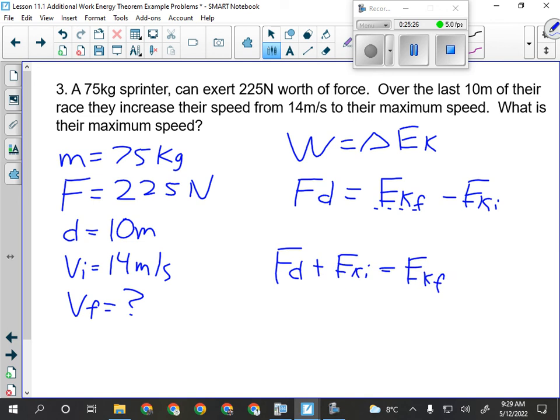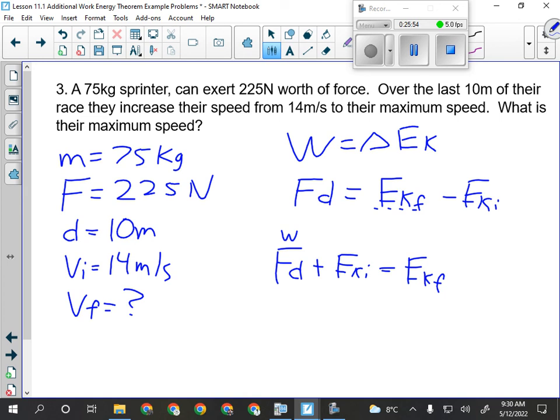Now, again, here's one of these things you can talk through as you're doing a question to see if you're on the right track. What's the definition of work? A transfer or a change in energy. Okay, so if I take the work, which is a change in energy, and I add it to my initial kinetic energy, that should allow me to arrive at my final kinetic energy.